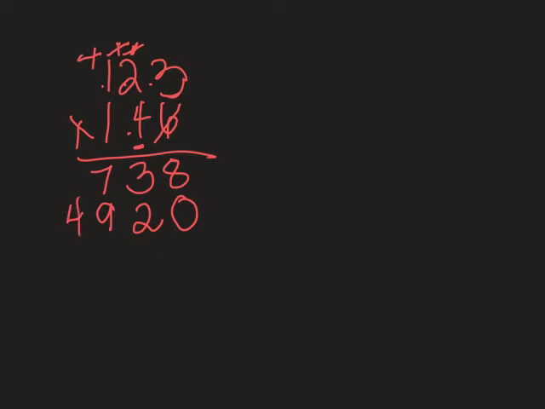Okay, so now I'm done with the 4. And so since that's 2 places, I need to put 2 zeros. Okay, then I'm left with the 1.